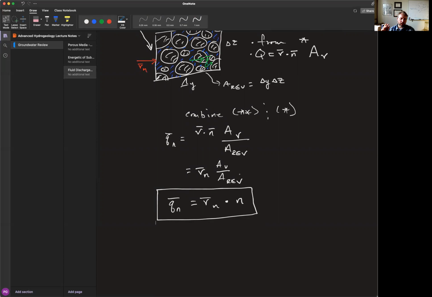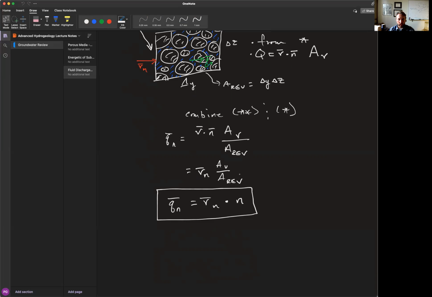In general, in porous media, a value like 0.3 is a reasonable starting point for porosity. So V sub n times 0.3, any number less than 1, the discharge or the fluid flux, the Darcy flux, will always be less than the fluid velocity, right? And that's because it is being normalized by a bigger area.